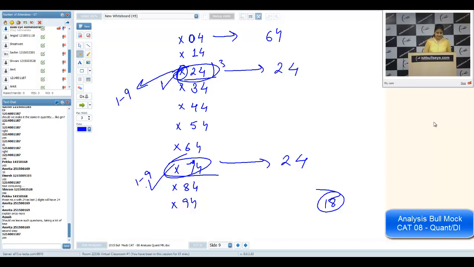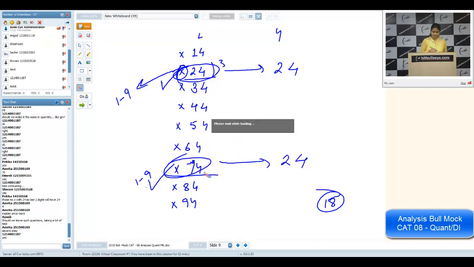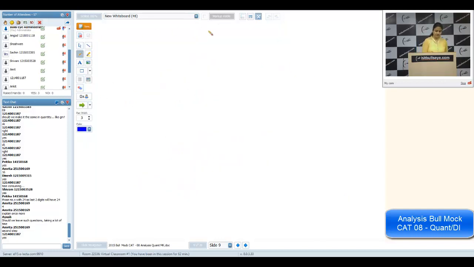Amrita, once again, see what I am doing here. We have fixed our unit place. So the unit place should be 4 always. But the tens place can be 0, 1, 2, 3, 4, 5, 6, 7, 8 and 9.